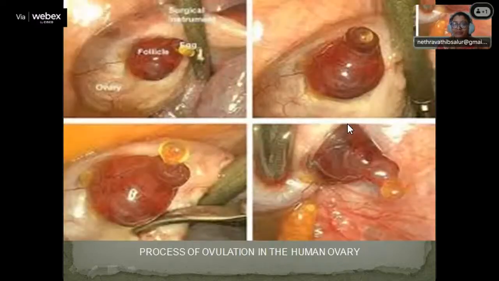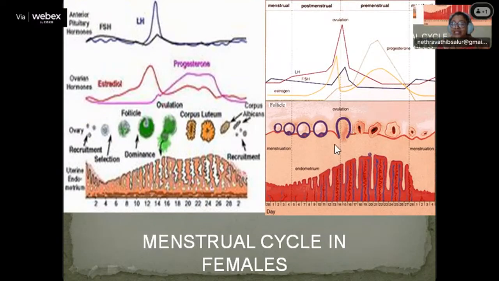This slide shows how the endometrium is becoming thick again, and at the same time, there is formation of the Graafian follicle also. So, during the follicular phase, the follicles develop and form into Graafian follicle, and the endometrium again proliferates. That is why it is called the proliferative phase, or the follicular phase.